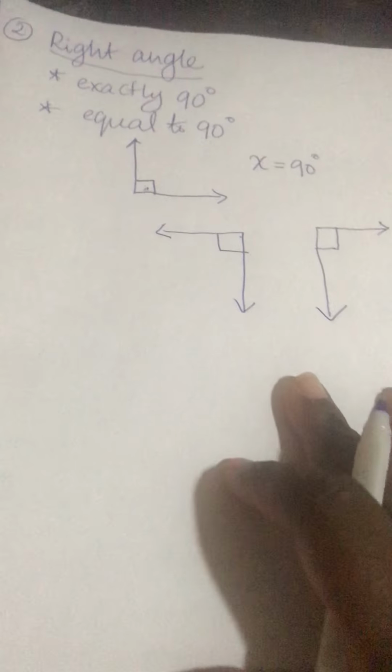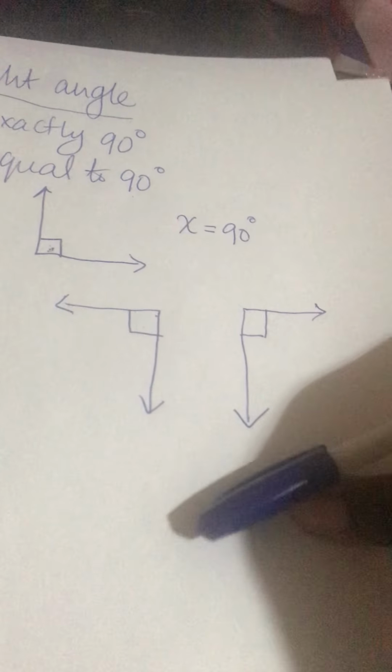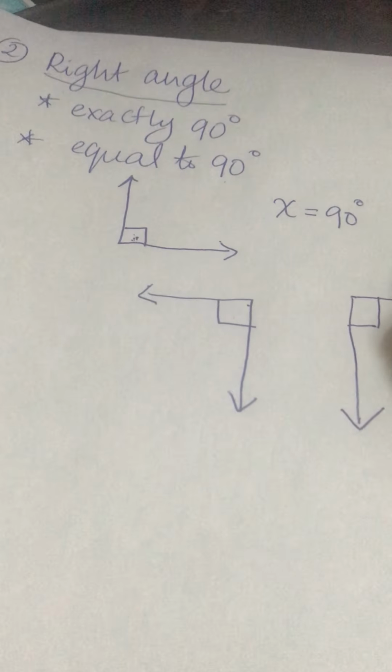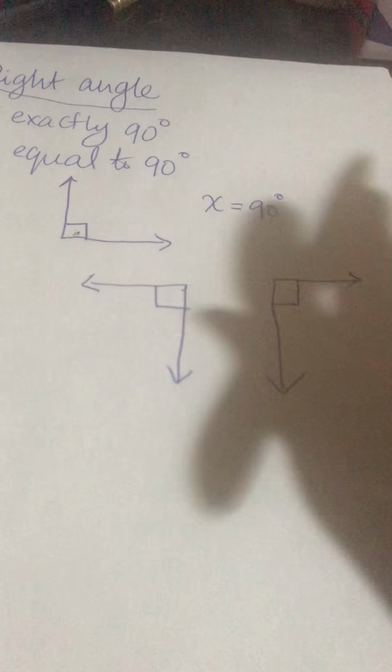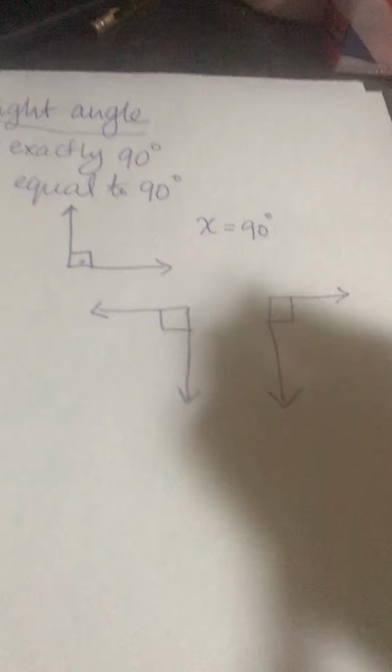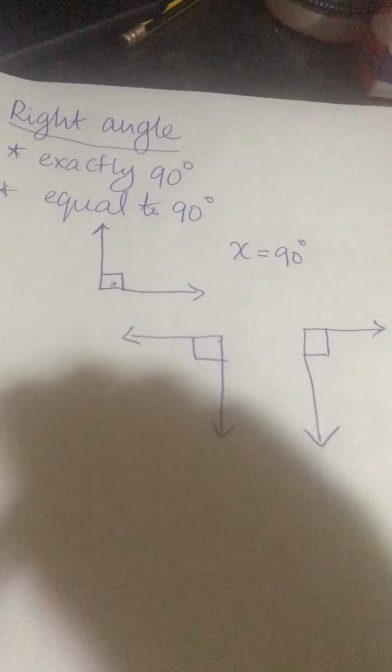This box tells you you have measured a 90-degree angle. Okay? A 90-degree angle, you can only use 90. There's no other number, 90 only. Can't be more than 90, less than, it has to be 90 only.